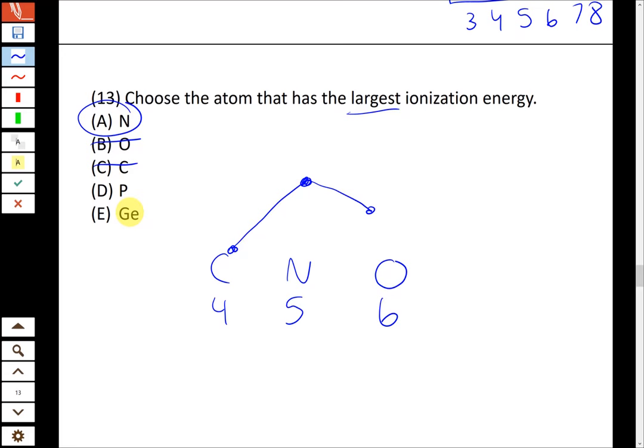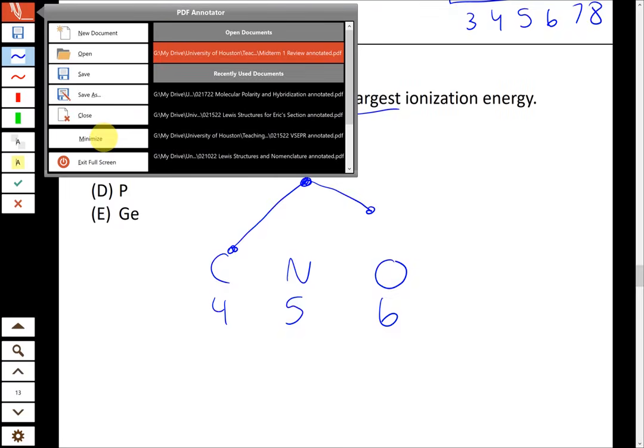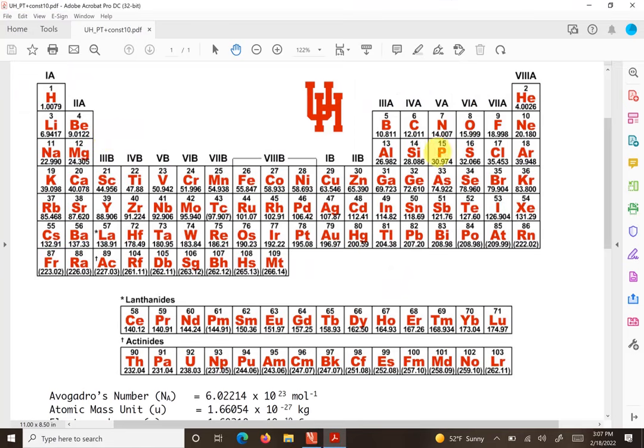Yes? If nitrogen wasn't one of the choices, which one would have the highest ionization energy? If nitrogen wasn't the choice, then it would be oxygen. So yeah, carbon versus oxygen, oxygen is clearly higher. And then, I mean, it might be a little bit hard to compare phosphorus and oxygen, to be honest, so we probably wouldn't have you do that, because when you go to phosphorus and oxygen, it's sort of two competing trends.